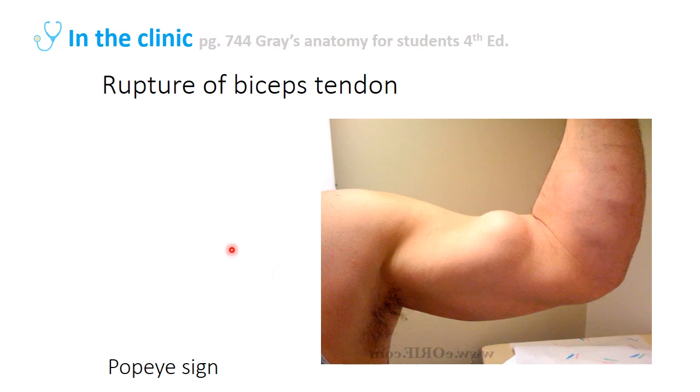We have a clinical correlation here, which is relatively common, especially in individuals who use the biceps heavily and repeatedly, like individuals who do bodybuilding and always have repetitive flexion of the elbow joint. A rupture of the biceps tendon may occur, especially of the long head of the biceps within the bicipital groove.